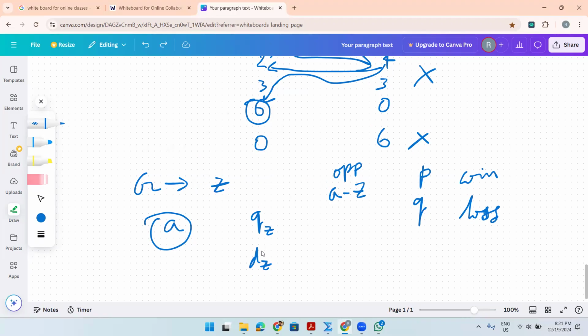What is d_z? D stands for duration. How many plays can he play with Z rupees or Z units? Suppose he has 2 rupees, he can play only so many times. We have to find the duration. These are the two things.